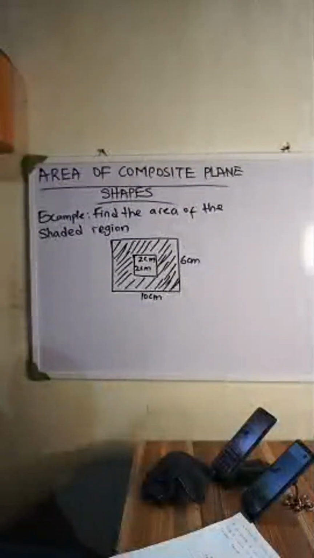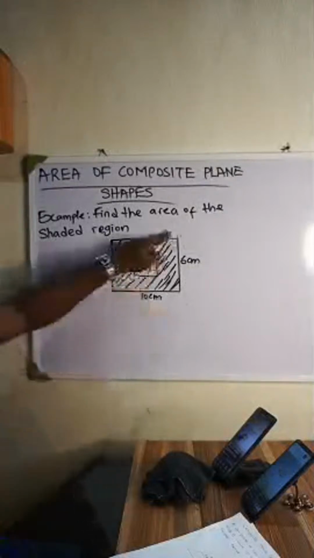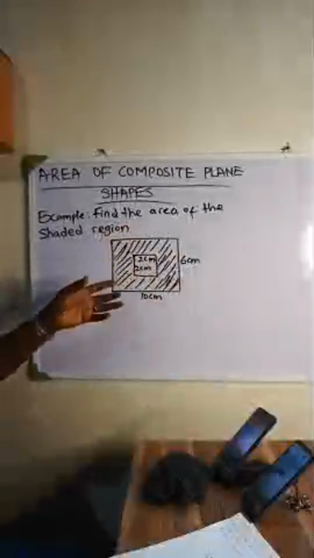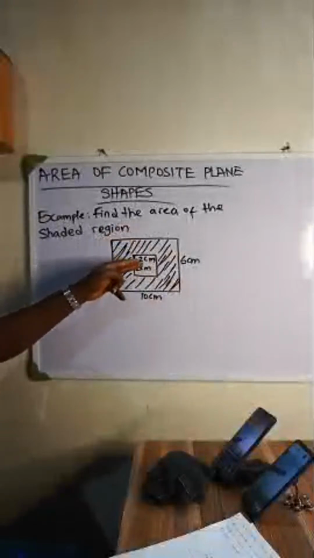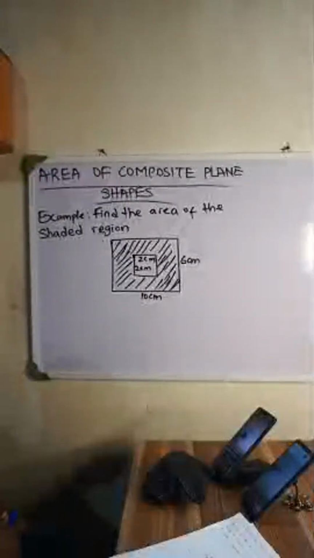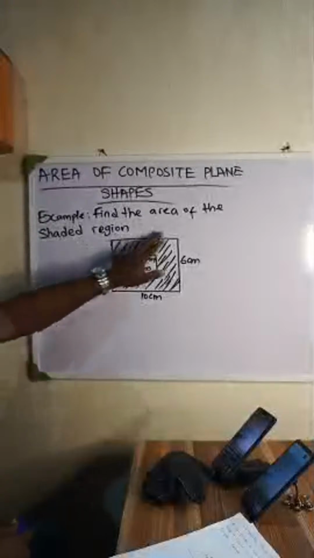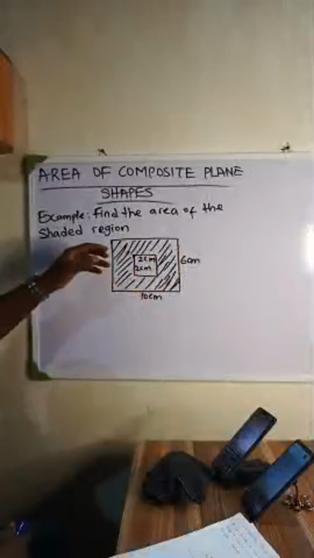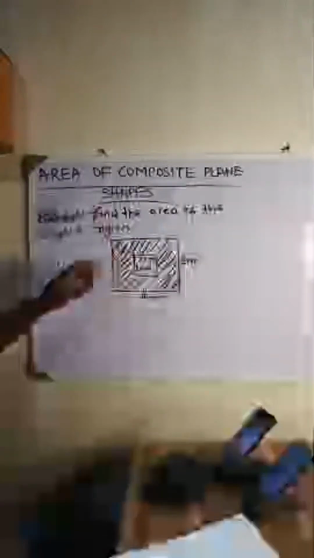To calculate the area of that shaded portion, all we need to do is find this entire area, find the area of this small portion, and subtract the smaller portion from the entire area.